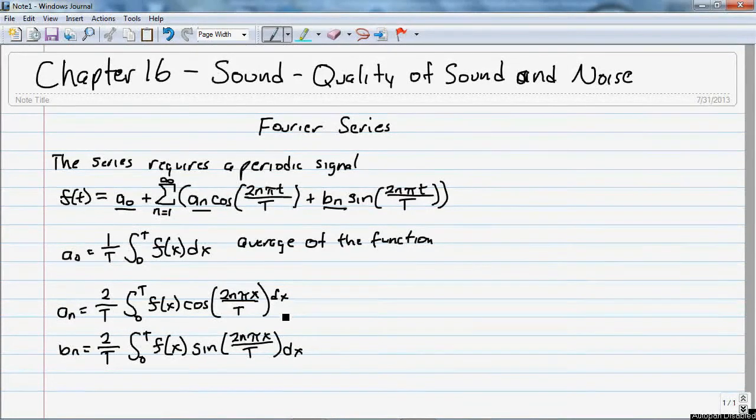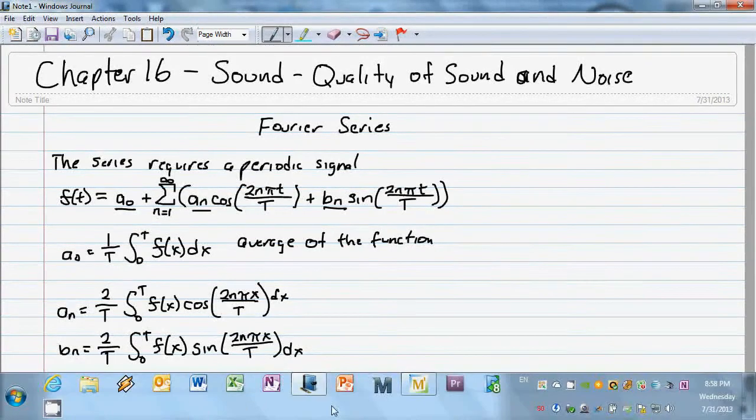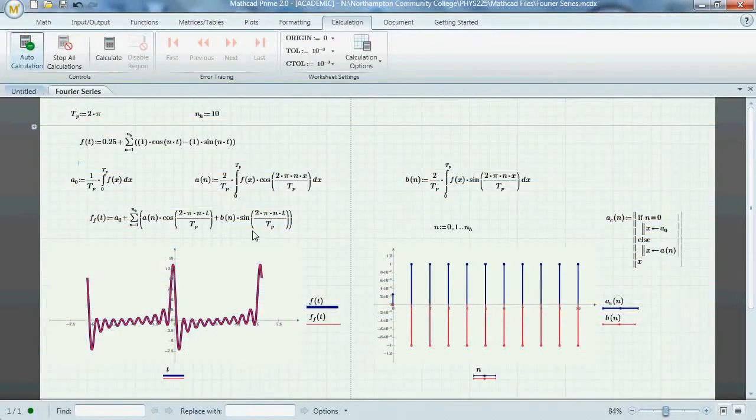Now, I'm not going to mathematically prove why this works. I'm hoping to show by illustration why this is true. And here I've created in MathCAD this formula, or the Fourier series, and here's my function, f of t, and I just put a formula in here. And you know that it's periodic. I'm basically just using this function as an example. And notice that all my coefficients are 1 for everything.